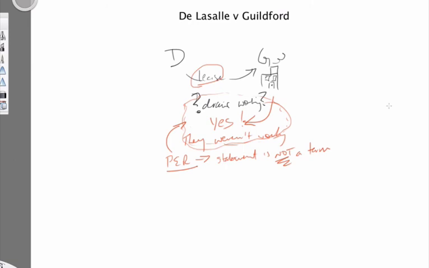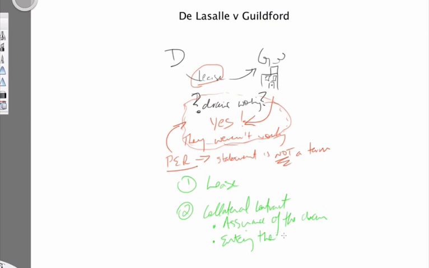Okay, so this is the important point. There is the contract for the lease, but then there was a collateral contract. And the collateral contract was the assurance of the drain as one form of consideration, and on the other side was entering the lease. So what you can see is that the courts have construed this collateral contract as the first contract that comes in place.